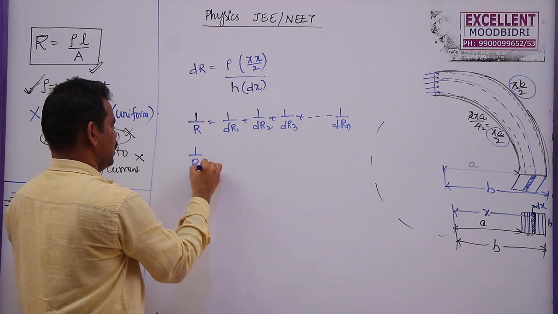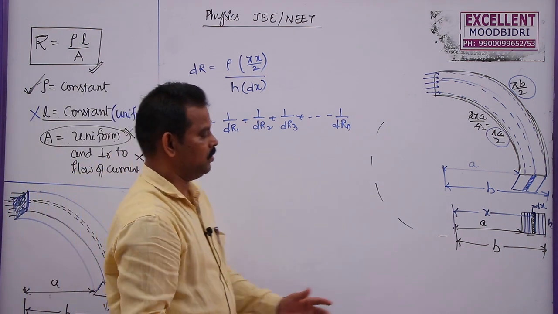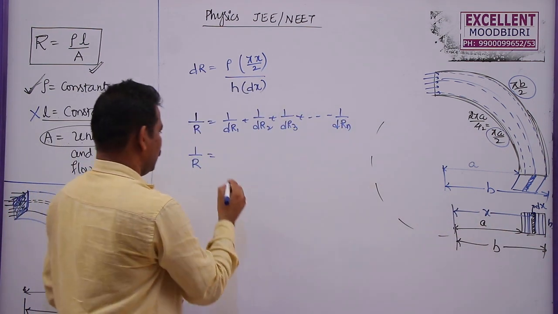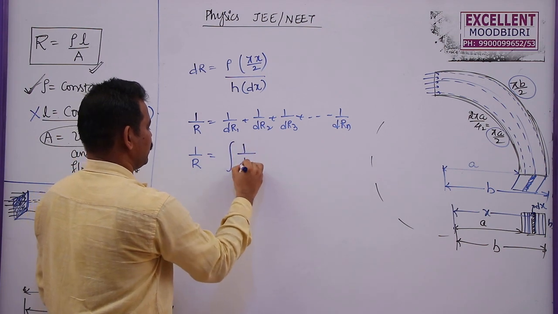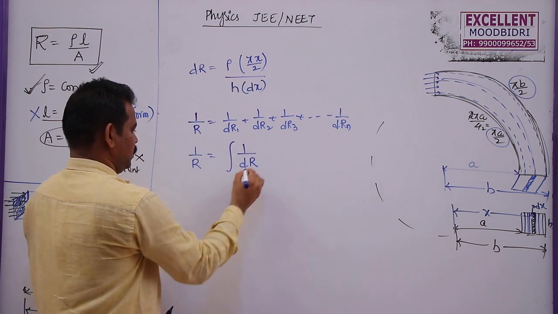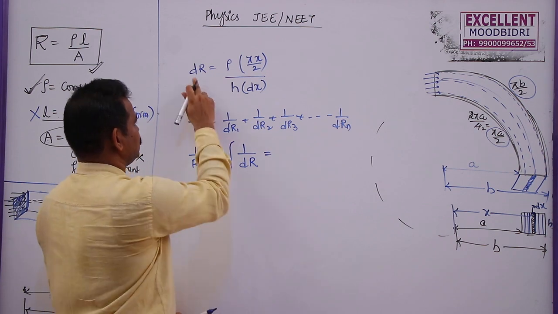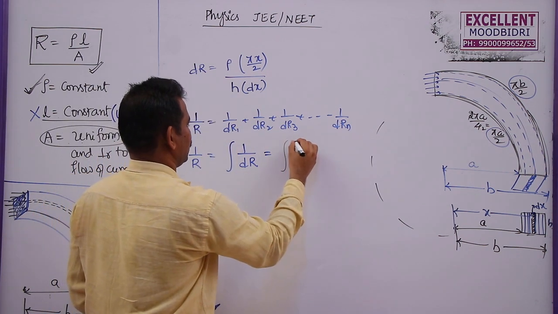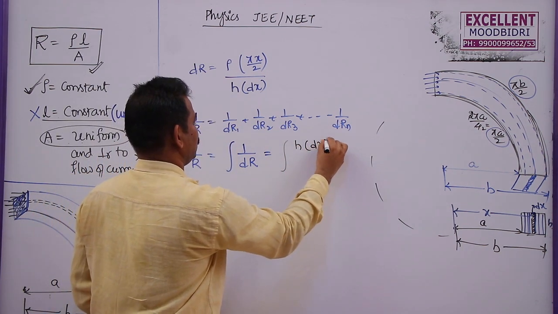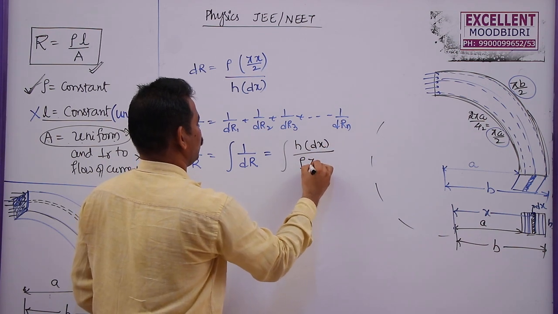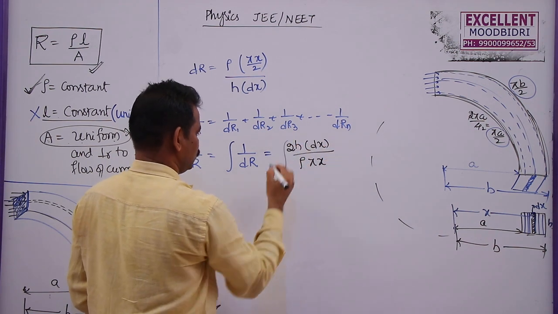As strips have equal thickness, all dr components are the same. This will become the sum of 1 by dr, and this is h into dx by rho pi x by 2.